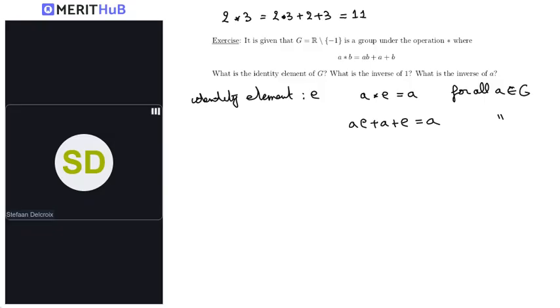I'm going to do it in general, but then also on an example. But now we're back to real numbers. So these are all real numbers. Could you solve this for E? Let me maybe make it slightly less abstract. If this has to be true for all A, let me just use an example. Let's use 2. 2 star E should be 2. What is 2 star E?